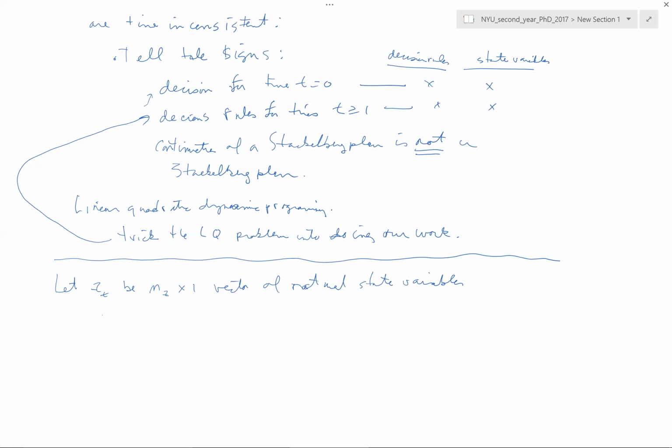And then we're going to let x_t be an n_x by 1 vector of endogenous forward-looking variables.